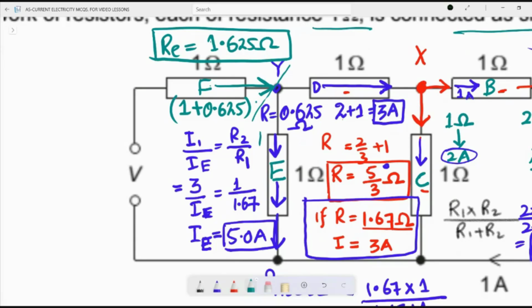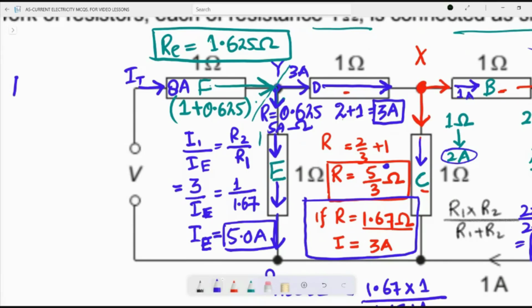As I told you, the current is split into two parts. This is the current through E, which is 5 ampere, and the rest of the current through here is 3 ampere. So the total current in this resistor is 8 ampere. I have figured out almost all the values.